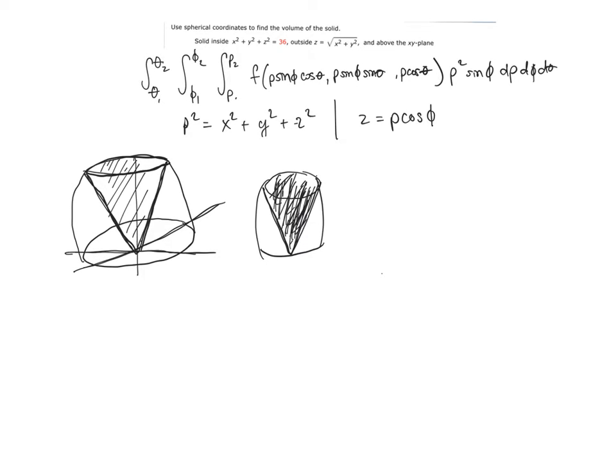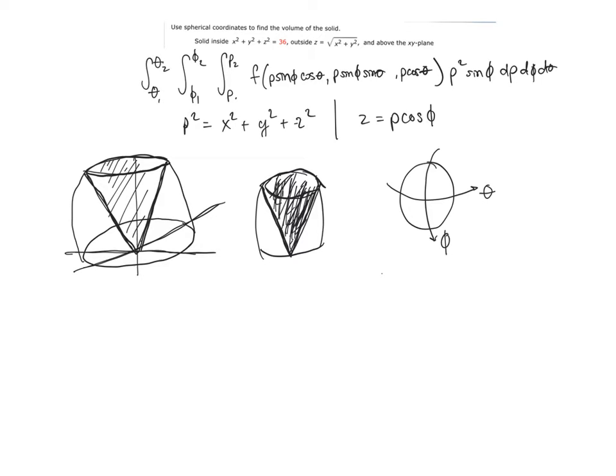So now I just want to touch on theta and phi. For example, if you have an earth, you'll have latitude and longitude. So latitude will be your theta and your phi will be your longitude.